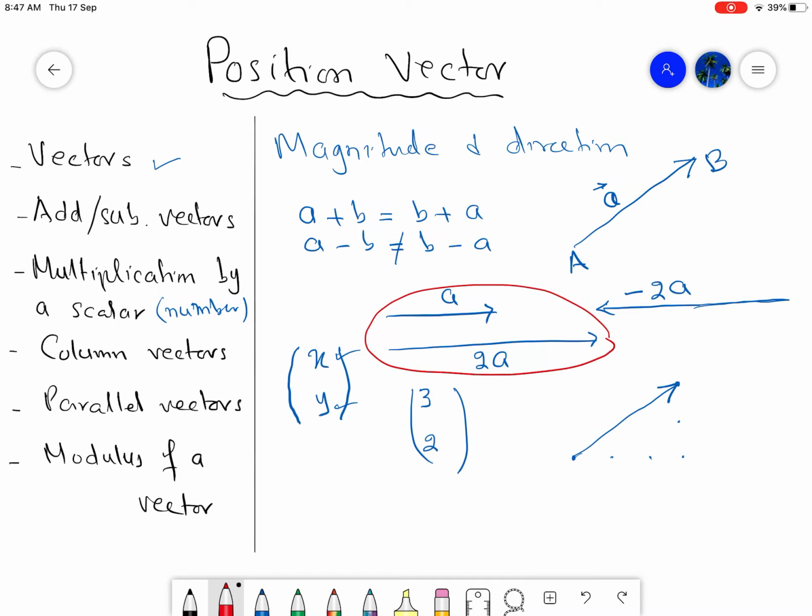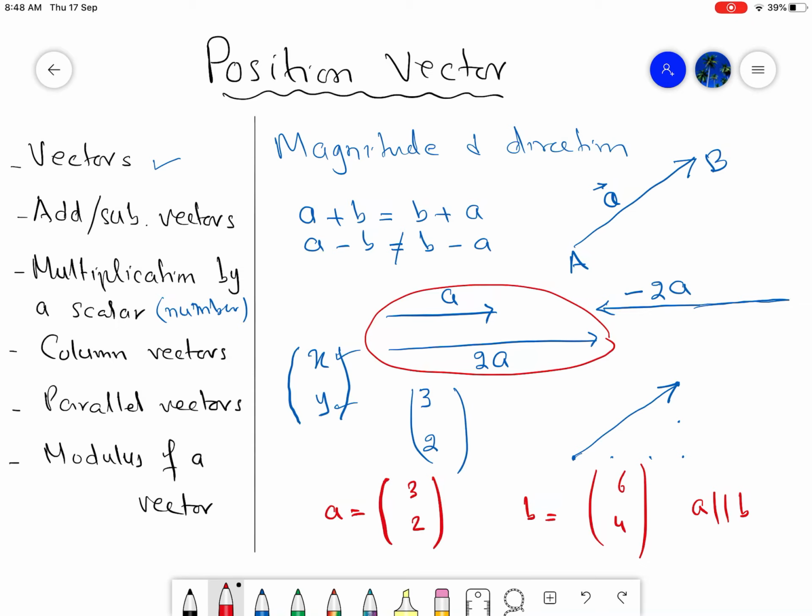For example, if vector A is given by (3, 2), and another vector B is given by (6, 4), clearly if you multiply vector A by 2, you will get vector B. So these are multiples of each other, and vectors A and B are parallel to each other.